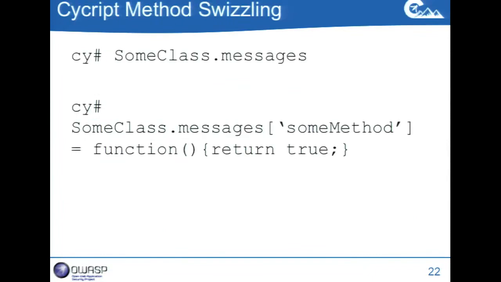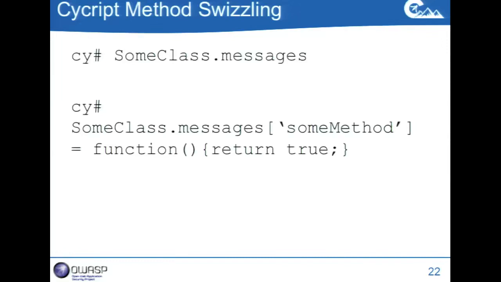Method swizzling, I did mention that a little bit. Unfortunately, we won't have enough time to show it today, but it's fairly simplistic. For every class you can dump messages, which will dump methods, variable names, it just dumps everything it knows about that class. So if I find a class, like the get password view controller, and I know the method is dismissLockScreen, right?